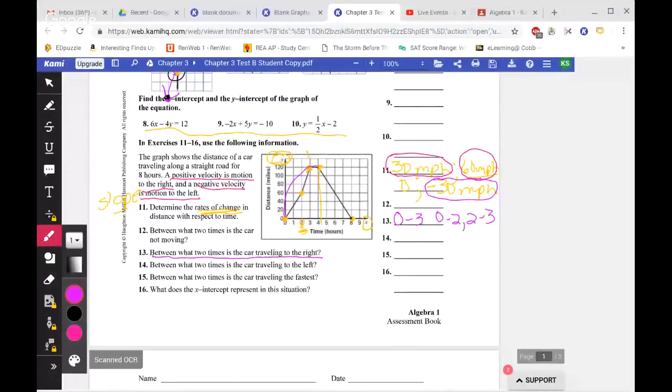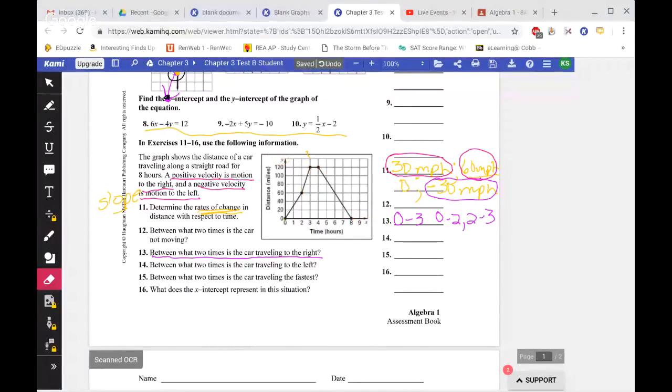You could do 0 to 3, or you could do 0 to 2 and 2 to 3. I think by saying what 2 times, it's basically asking you what this part of the graph right here, you can kind of tell is a positive velocity, but I would be okay however you wanted to write that.